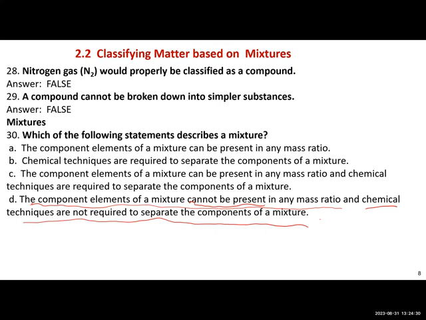That's false. Therefore, the only answer which is true is A.